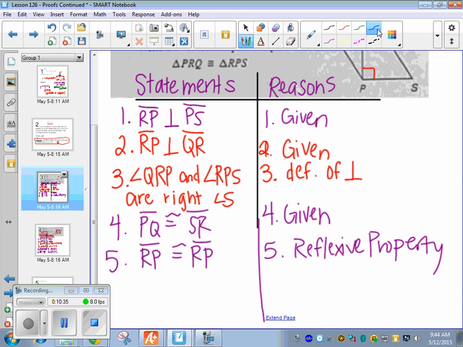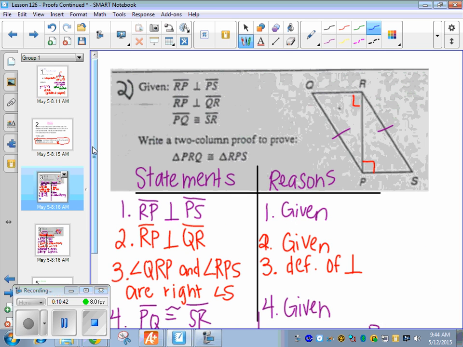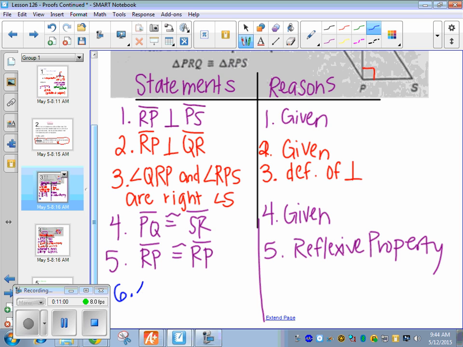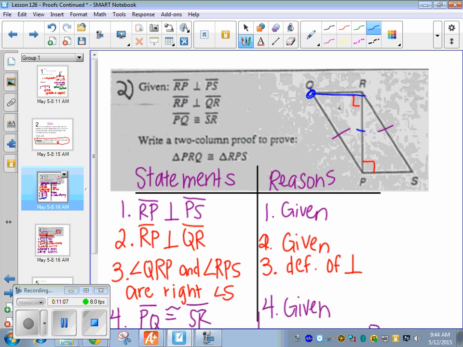All right, so remember that not only do we have to state that we have right angles, we have to state that they are right triangles if we are going to use HL, which is what we're going to use because we've got the hypotenuse given and we've got one leg and it's a right triangle, but we need to state it's a right triangle first. So let's go triangle QRP. And again, when you mark these triangles, if I say QRP, what way do I have to do the other one?